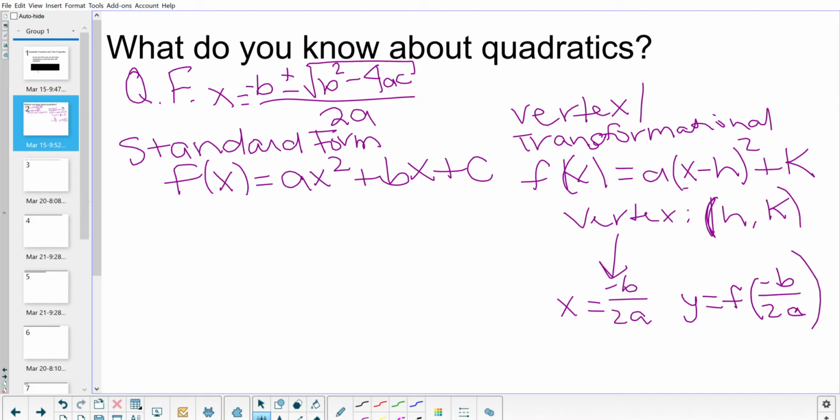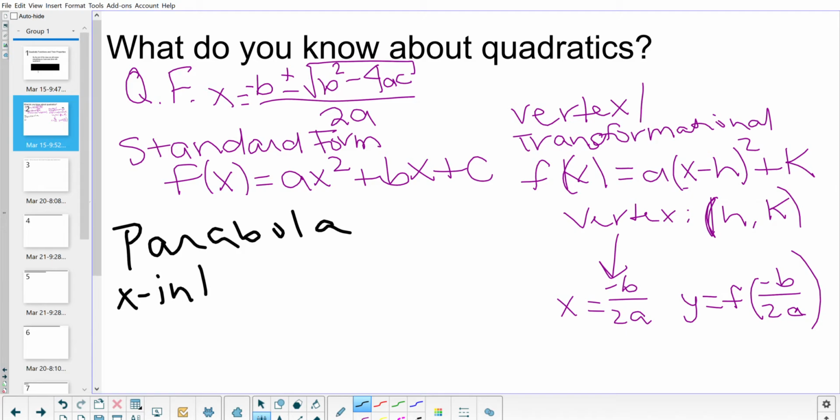Okay, what else? How about the graph of a quadratic? The graph of a quadratic is called a parabola. We've talked about that a ton this year. And then the x-intercepts of a parabola, and if I'm going too fast, definitely pause, are pretty famous.